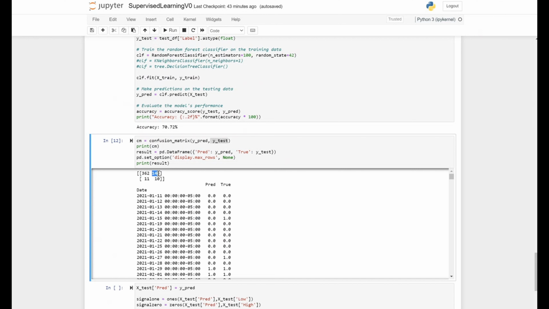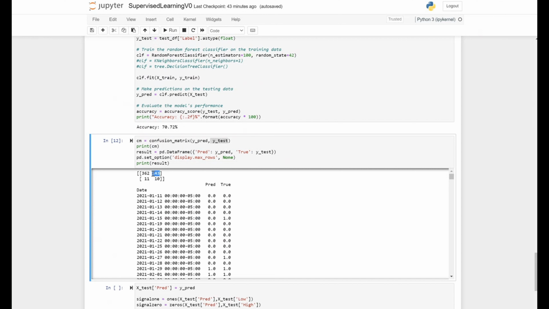The second number here represents the number of testing records that the model predicted as 0, but they are actually 1s. In other words, this number represents the false negatives. The model predicted 0, but they are actually 1s.